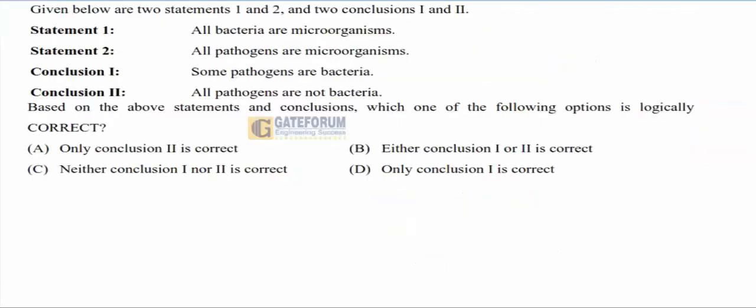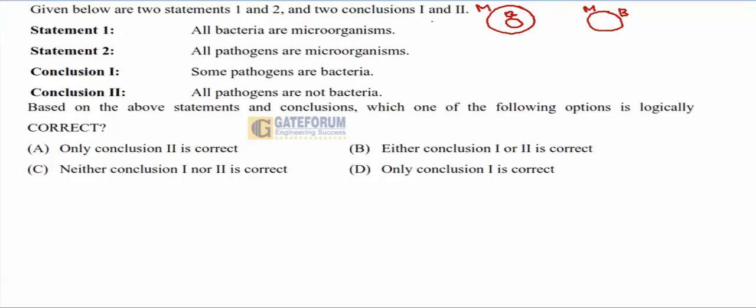Okay. Given below are two statements 1 and 2 and two conclusions 1 and 2. Statement 1, all bacteria are microorganisms. So as you can see, all bacteria are microorganisms can be expressed in the Venn diagram form like this, and there can also be another form where this is microorganisms and this is bacteria.